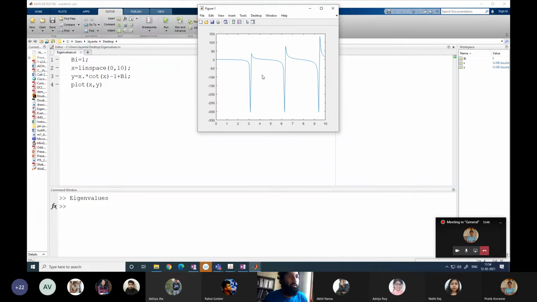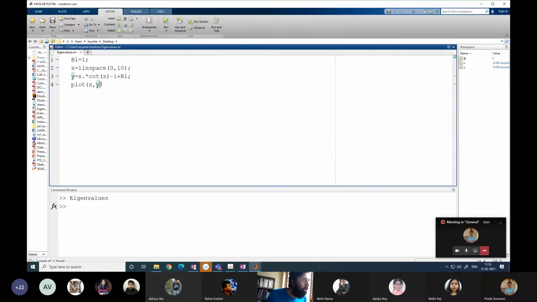Yeah, you see that this is a periodic function. Of course, there is a cot, so it's a periodic function. And actually there are discontinuities, which are not shown, so it's better if we plot it differently.